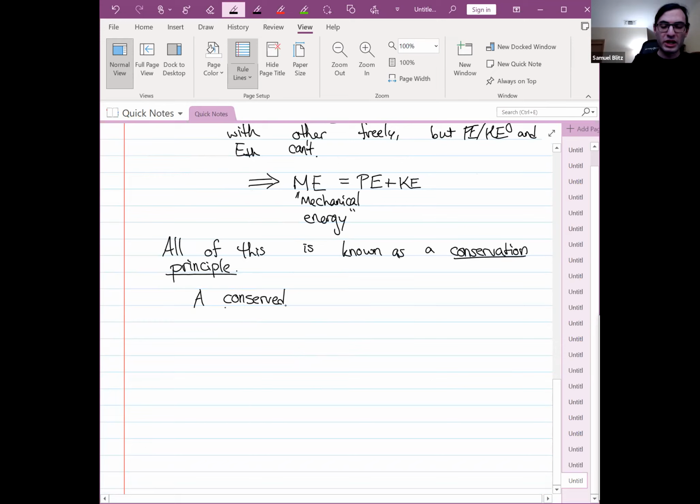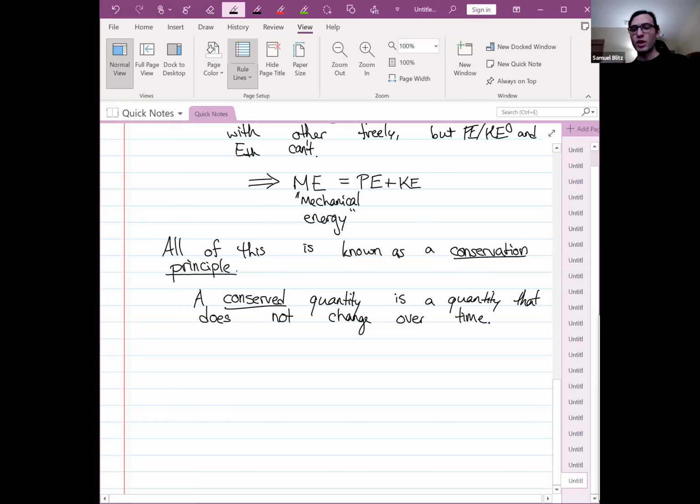So a conserved quantity, this is like a number that's conserved, or a vector that's conserved, is a quantity that doesn't change over time. It stays the same. It's conserved.